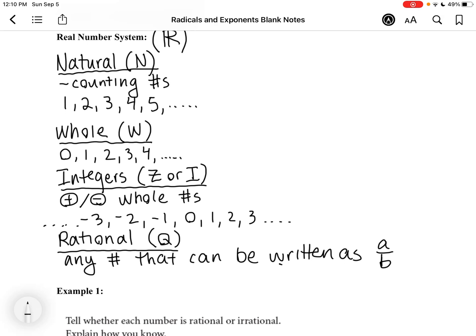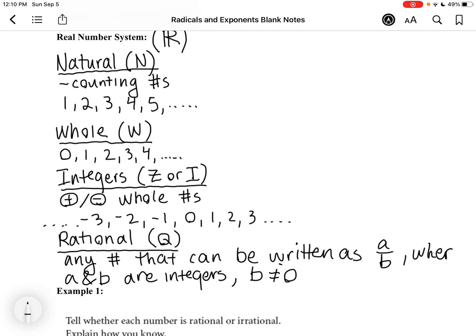And that's why we have this A over B. There are some restrictions, though, on A and B. So A and B are both integers. And additionally, B cannot be equal to 0 because we can't divide by 0. When we divide by 0, we get an undefined value.